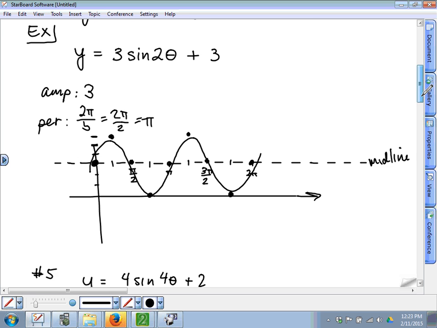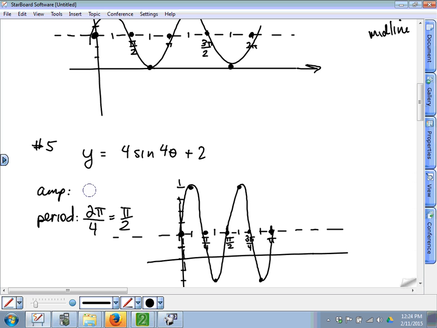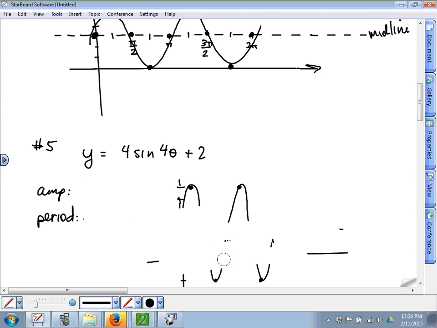So let's try number 5 then. Here's number 5 on your worksheet. Amplitude, 4.